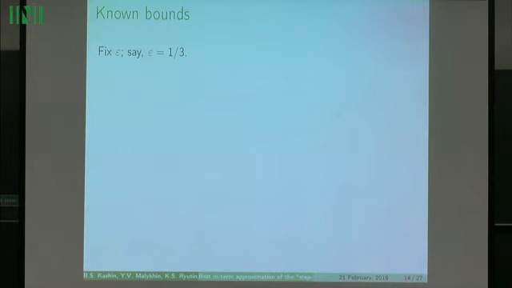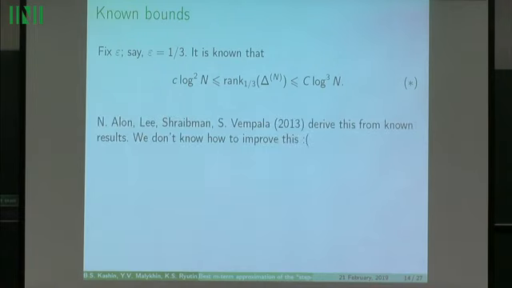So we can fix epsilon, say epsilon equal to 1 over 3. It is known that this epsilon 1/3 rank of our matrix can be estimated from below and from above by second power of log and third power of log. And Alon, Lee, Shraibman, and Vempala derive this from known results.